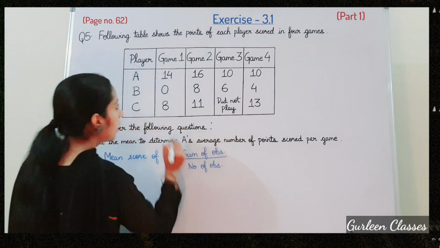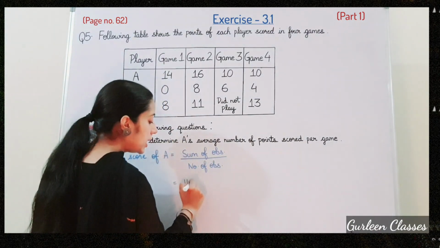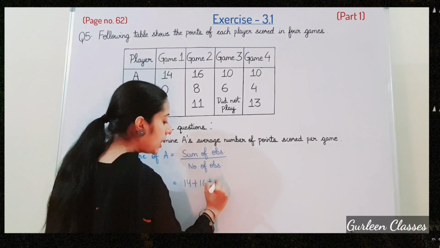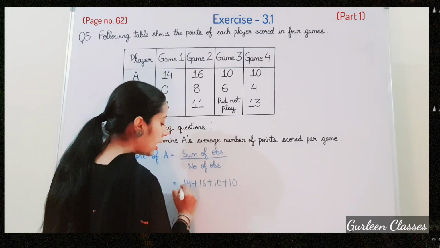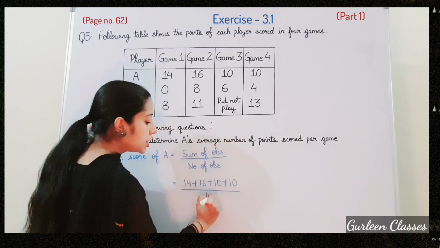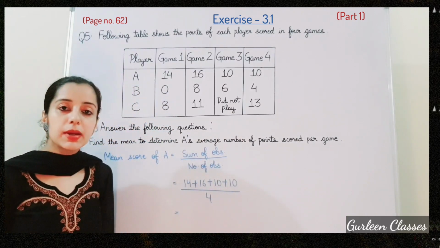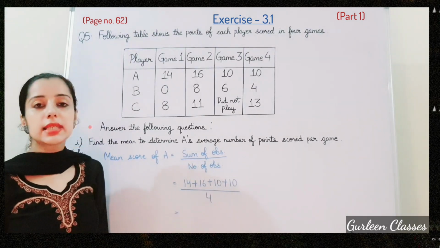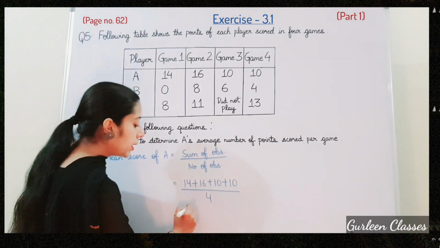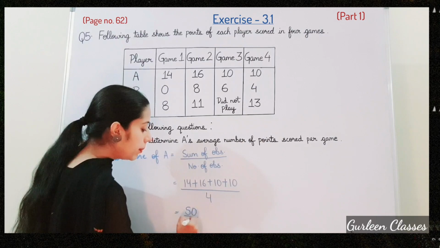So what is the sum? 14 plus 16 plus 10 plus 10 upon number of observations, which is 4. 14 plus 16 is 30, 30 plus 10 is 40, 40 plus 10 is 50. So right here 50 upon 4.